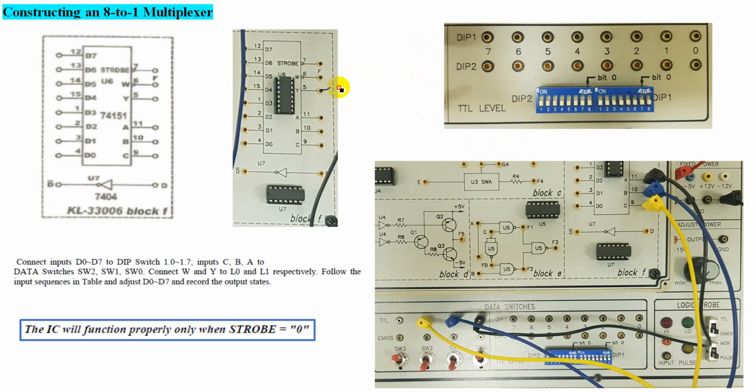This is your output, and this will be the complement value. So W will be equal to Y complement. Whatever value you have at the output, you get the opposite value here. For example, if I have 0 here, I will definitely get 1. If this is 1, I will get 0. So don't confuse that.